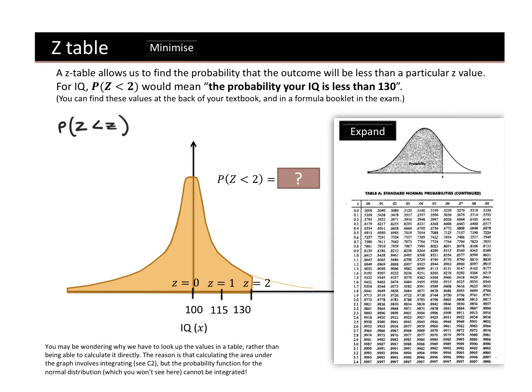So using our table, it says here the probability of z being less than 2. So we want to find the probability that you are less than 2 standard deviations away, positive, 2 standard positive deviations away, okay? Now, as you can see, this means we want the whole of this area.